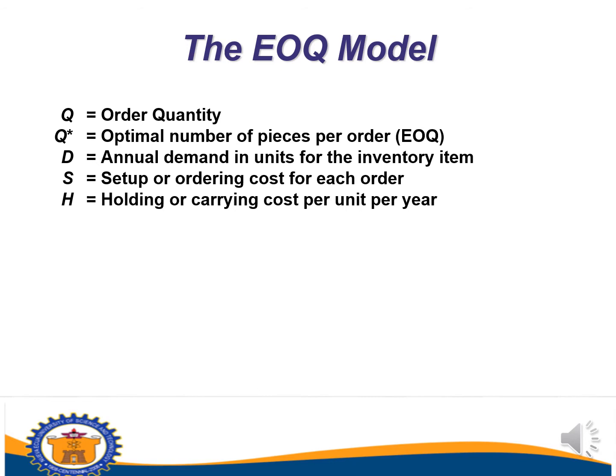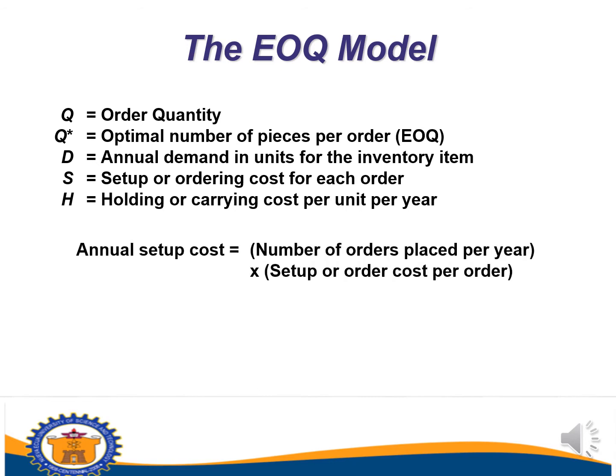Now, let's proceed to calculate the annual setup cost. Given that Q is the order quantity, Q star is the optimal number of pieces per order or EOQ, and D is the annual demand in units for the inventory item, S is for the setup or ordering cost for each order, H is for holding or carrying cost per unit per year.